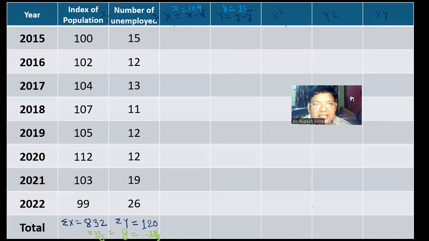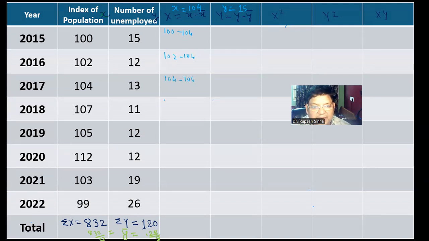100 minus 104. X minus x bar. So what is x? X is 100. What is x bar? Minus 104. 102 minus 104. 104 minus 104.